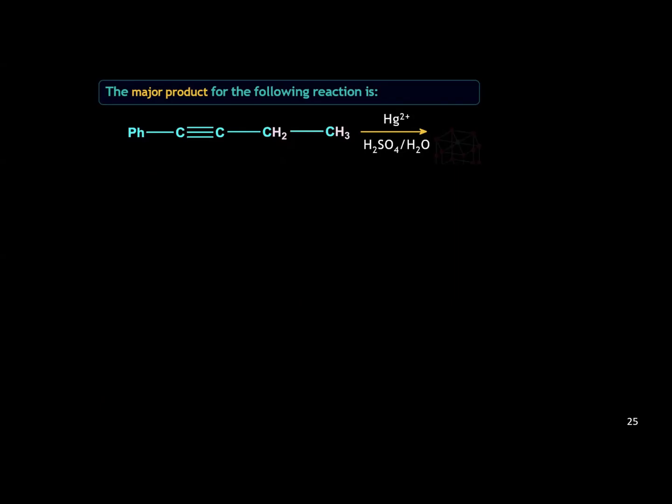Here pH means the phenol group. So how do you convert that triple bond into single bond?